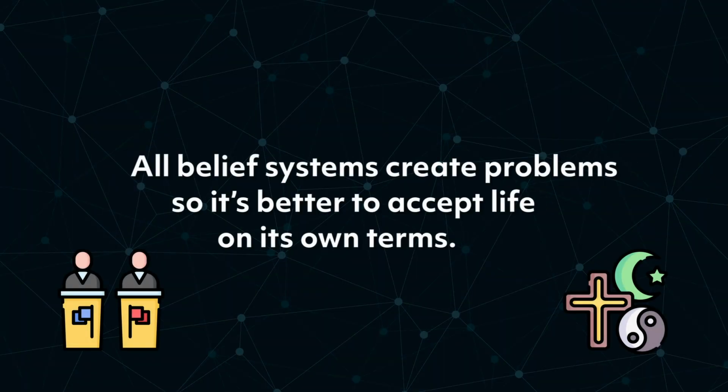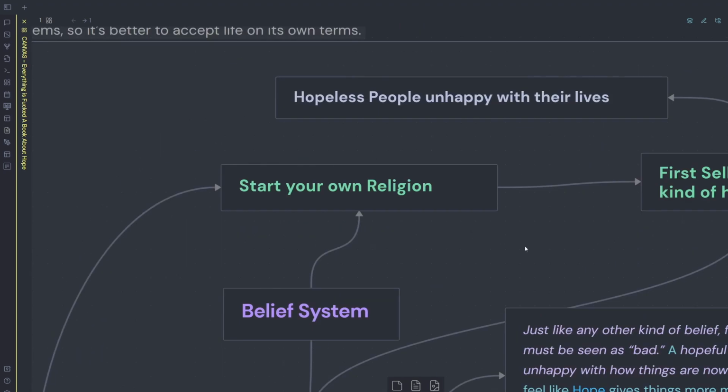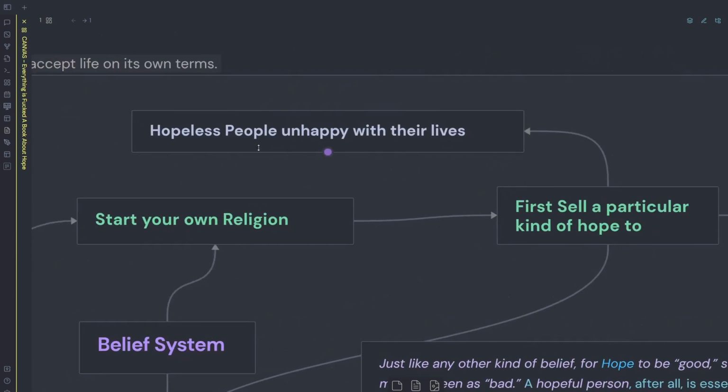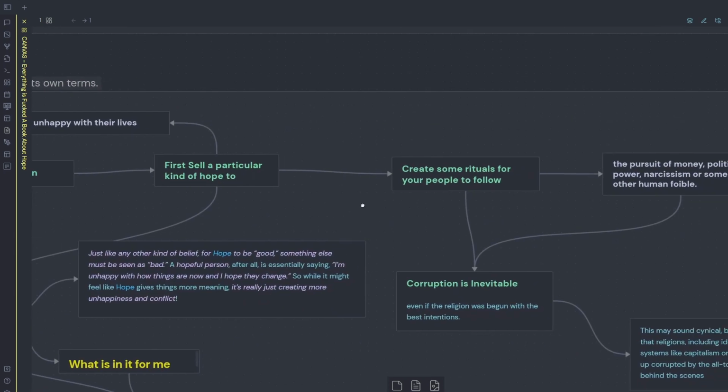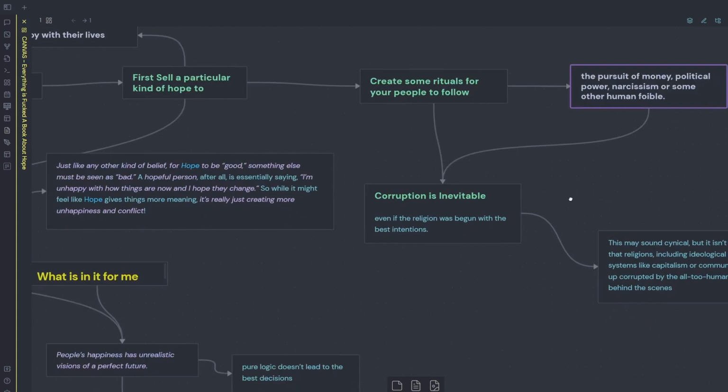All belief systems create problems, so it's better to accept life on its own terms. If you ever wanted to start your own religion, all you'd need to do is follow a few basic steps. First, you'd sell a particular kind of hope to hopeless people unhappy with their lives. You'd create some rituals for your people to follow, for example, the pursuit of money, political power, narcissism, or some other human fable.